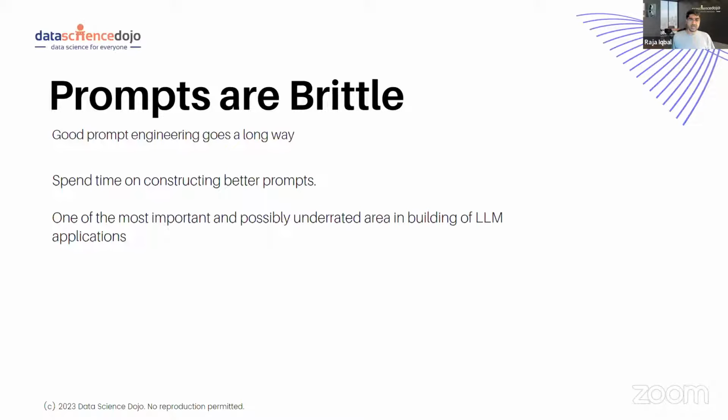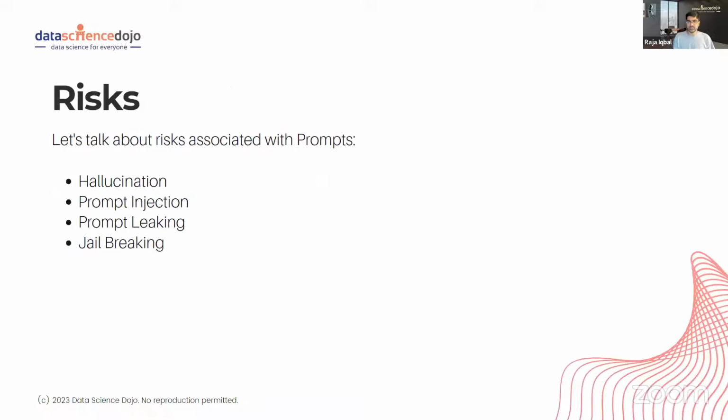At the end of the day, if you do not do your prompt engineering correctly, if you do not set the context, if you don't condition your prompt with a better breakdown, making sure that your model understands what kind of role it is assuming, what kind of task it has been given, what kind of tone it has to take, and what kind of challenges there could be, there are so many things that you can handle just by being a better prompt engineer. Needless to say, spend time on constructing better prompts. It will go a long way. It is going to help a lot.